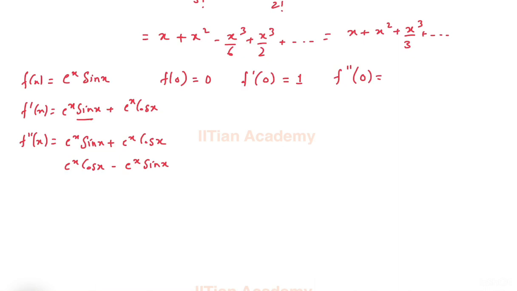And at x equals 0, the sin terms would be 0, and we will get cos x at 0, 1 and 1. So we get 2.